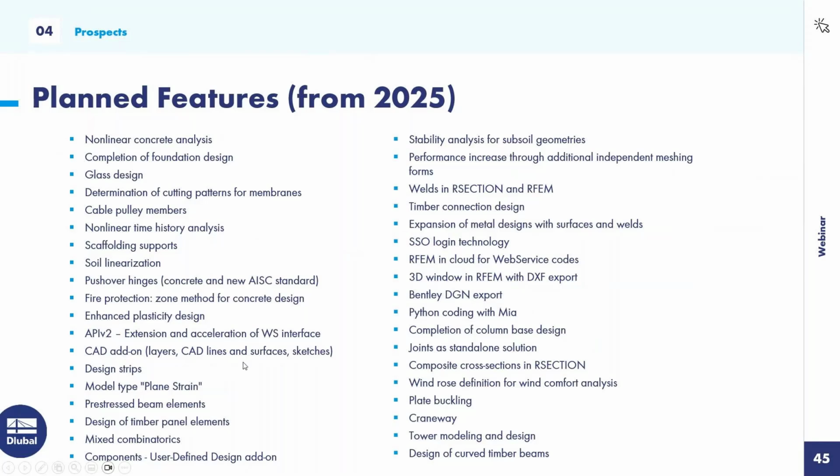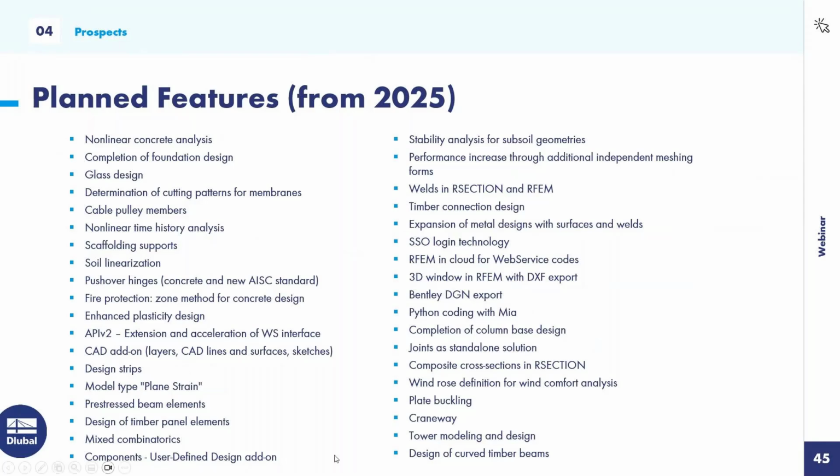It's a CAD environment, and you can create reinforcement drawings and position drawings and so on. Design stripes. It's a result beam technology for lines. Then the model type plane strain. It's for very long components such as support walls.